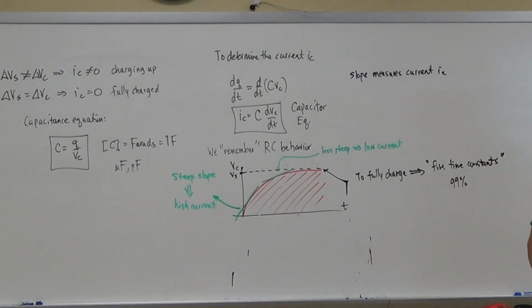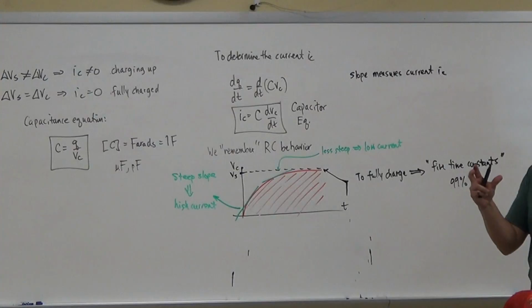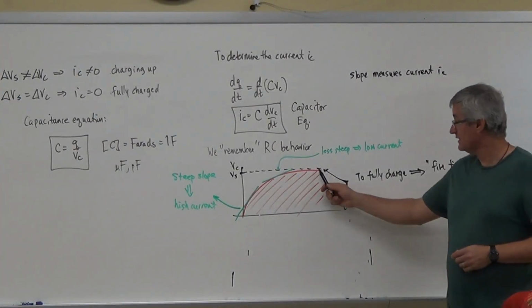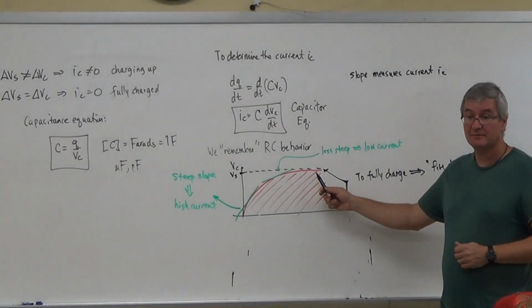I don't know what you did in your Physics 4B lab where you looked at capacitors. I don't know if you did one where you just let a capacitor try to get fully charged. To get this last little bit takes a while.